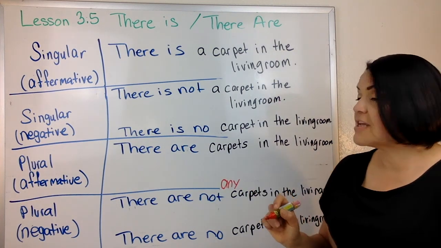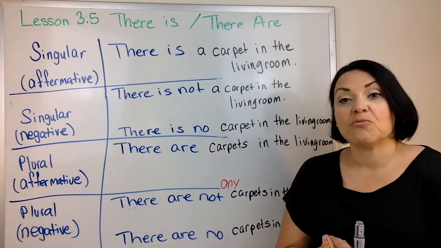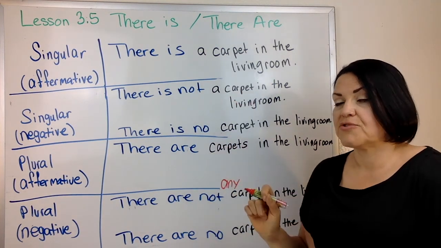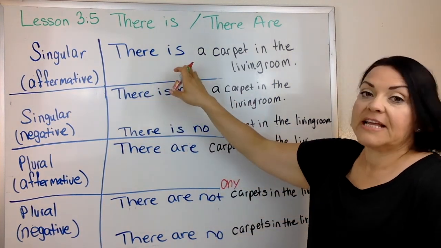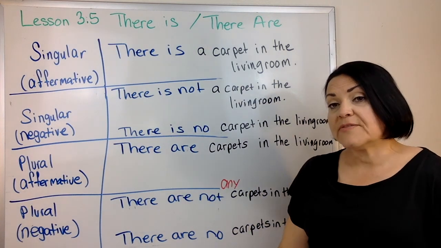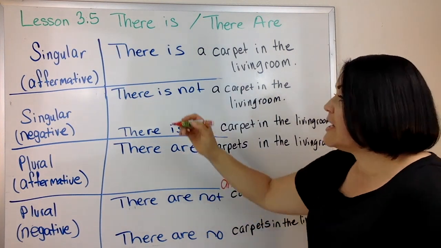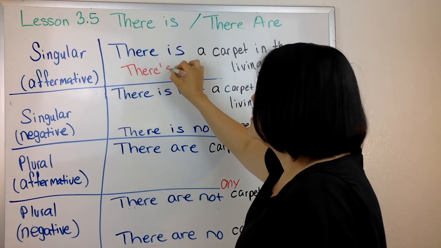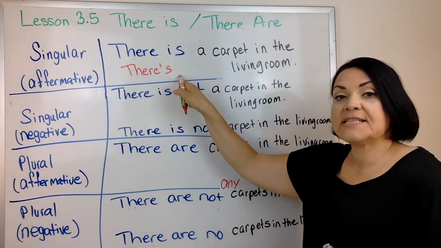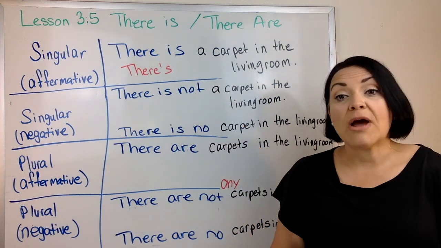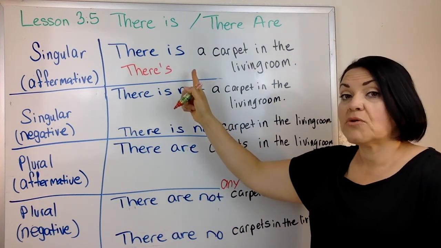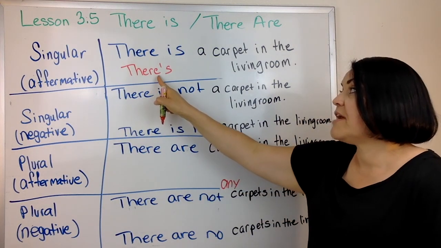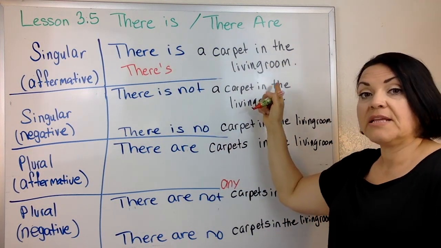And that would work. I'm going to show you what we can do with contractions. We can make these into contractions. There is. So for English speaking, you're going to hear a lot more of there's. In writing, you can write this one or this one, but you will hear people say, there's a carpet in the living room.